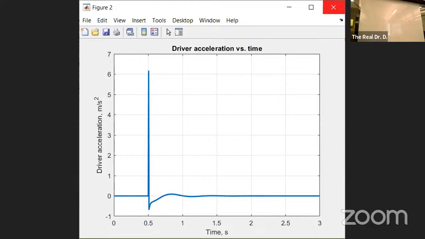Again, this is why acceleration is the thing that you gotta be worried about when it comes to accidents, right? So same general trend, right? We pop up, we come back down, and then we're this nice smooth curve towards the end.